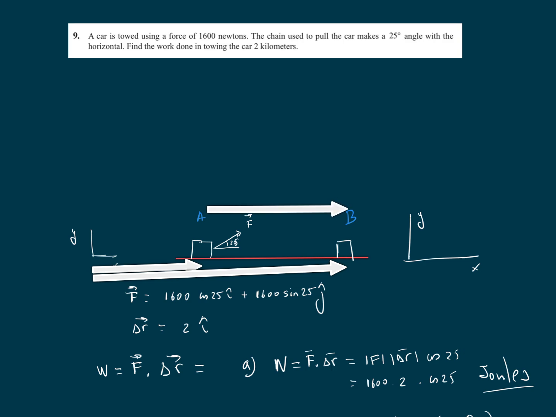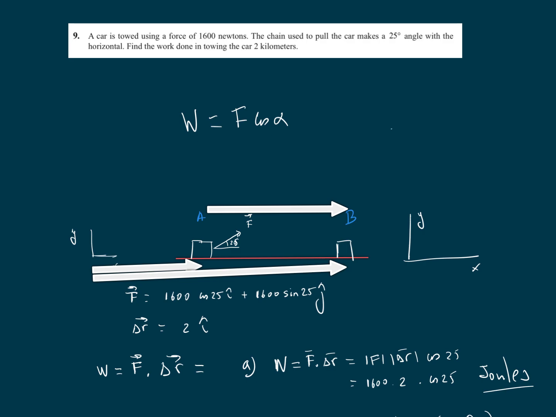From A to B, the displacement is 2 kilometers, and the work is the force in the direction of the displacement. So F cosine of the angle is the force that exists in the direction of the displacement. The force on the direction of the displacement is F cosine of 25.